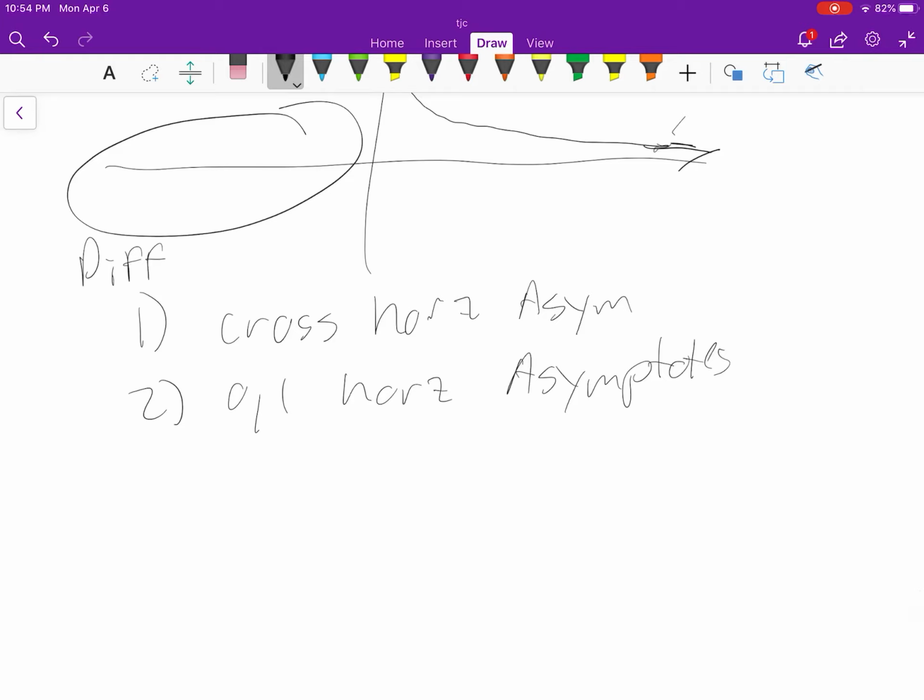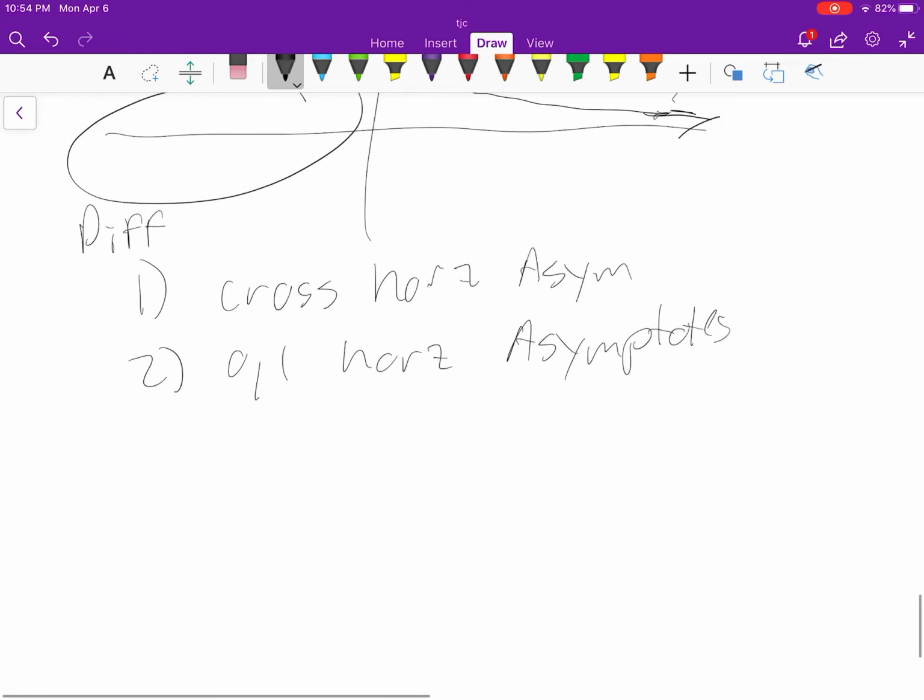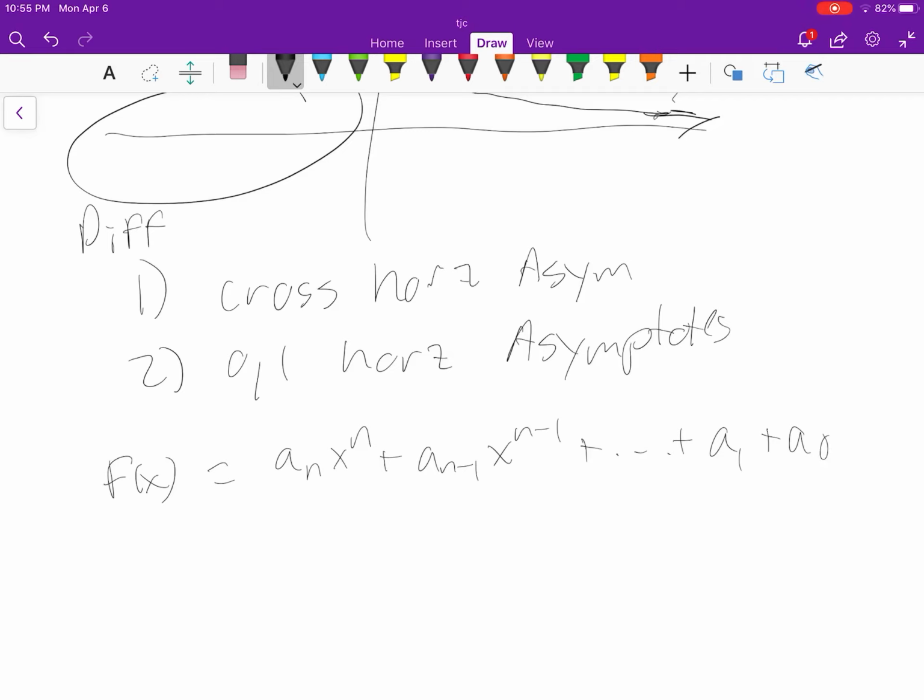So now we know a little bit about horizontal asymptotes. How do we find them? Well, there's kind of a procedure. What you do is you look at a function. Say you have some function that looks like this, and I'm writing this out in its more detailed form.